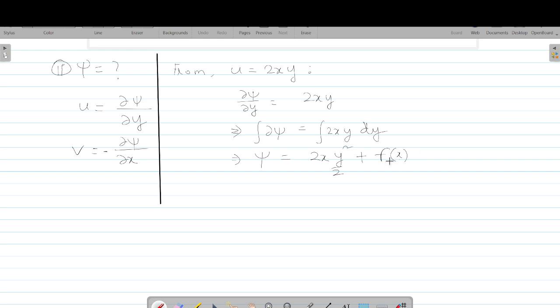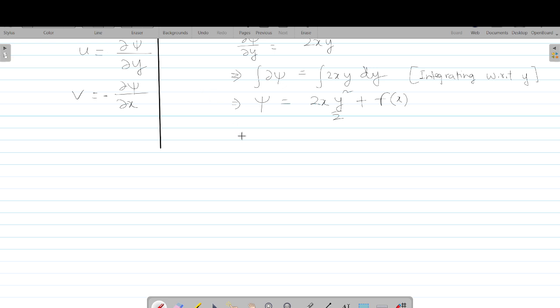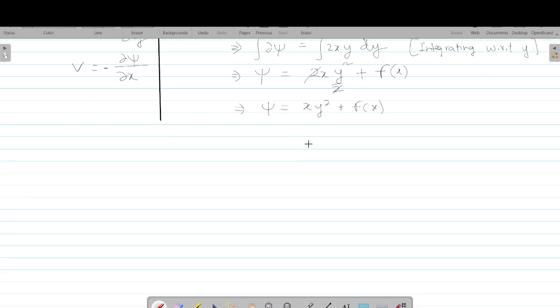This is the constant of integration, and I can simplify it further. Psi is equal to, the 2 and 2 cancel, so I am left with xy square plus a function of x. Now I am required to find the value of this f of x. If I can get this value, I can get the stream function.